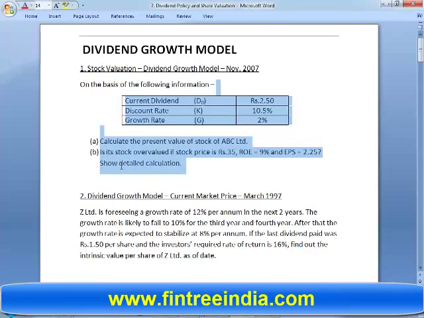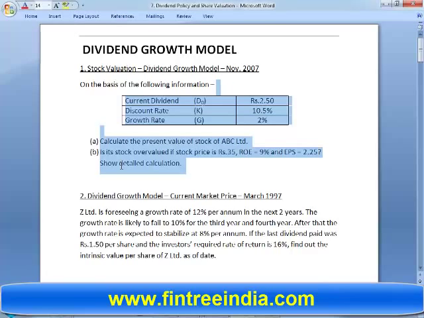Then P ratio would be 5, which means that compared to earnings, stock is 5 times. If I inverse the ratio, if I say EPS divided by market price, 20 by 100, earning yield would be 20%, which is inverse of 5.